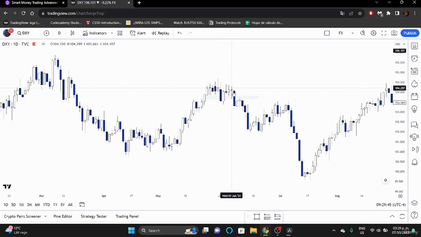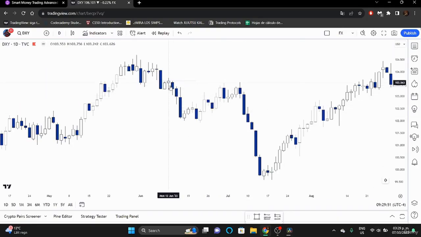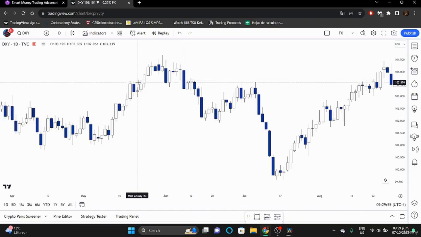Again, we're starting to make lower lows. There's a fair value gap here. We tapped into it. We closed below, lower. Okay. We also had this inverse one. What are we looking at right here? We're looking at this, which I'm going to explain later on. Price taps into it, goes lower. Okay.